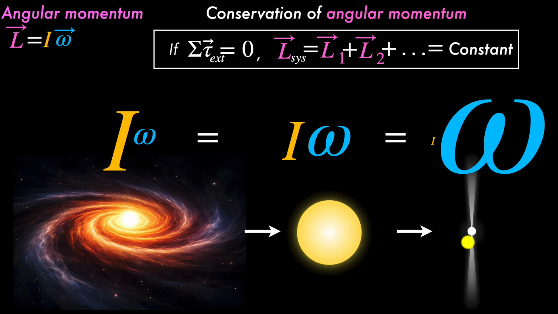The signal was so precise and so regular that at first they thought it couldn't be natural at all. Some even wondered if it might be intelligent alien life signaling us. So the mysterious source was labeled LGM-1, for little green men, until we found more of them and then finally realized that they were actually rapidly spinning neutron stars.